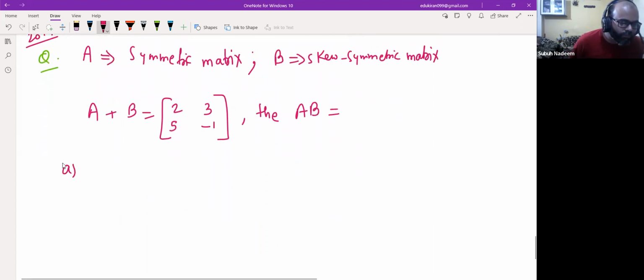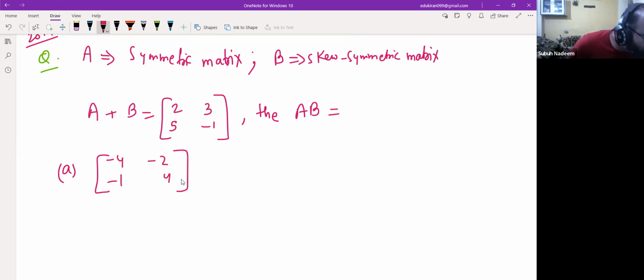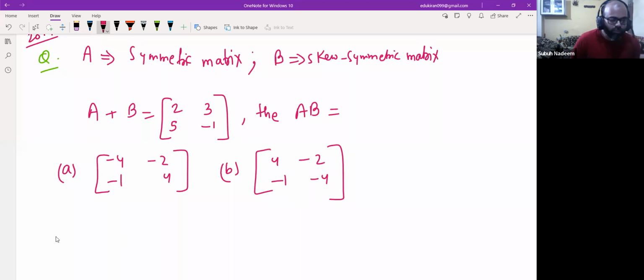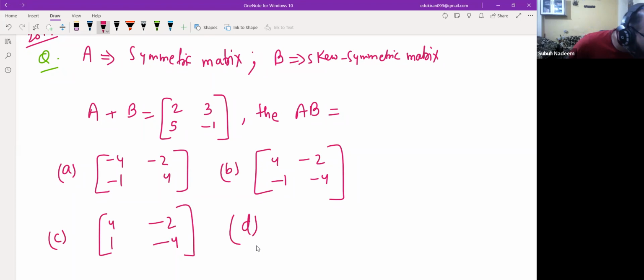A option is, B option is, C option is, and D option is.